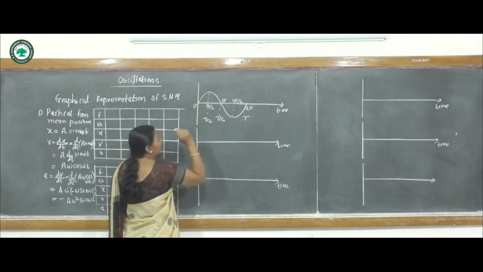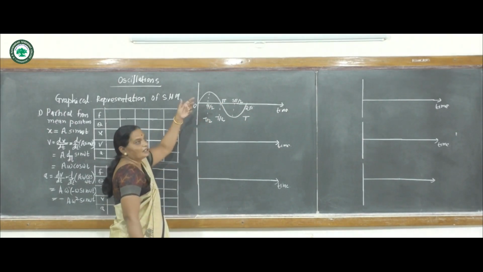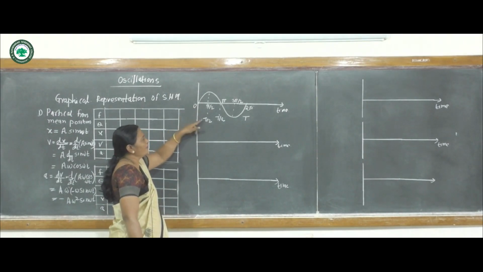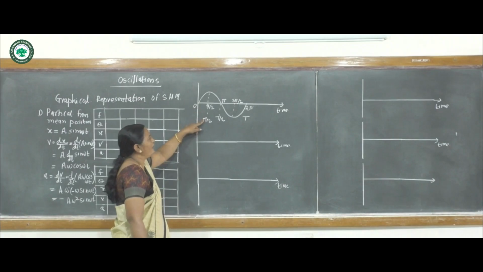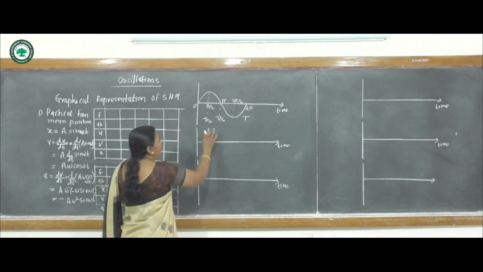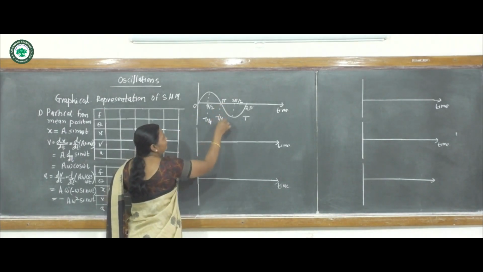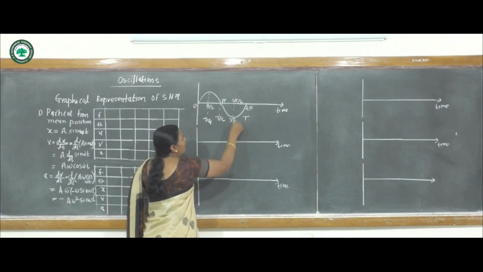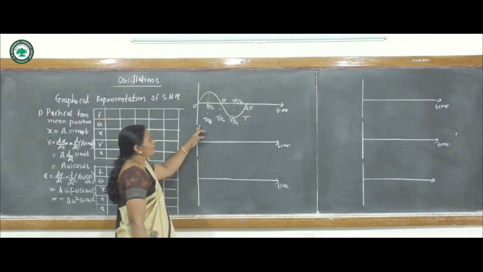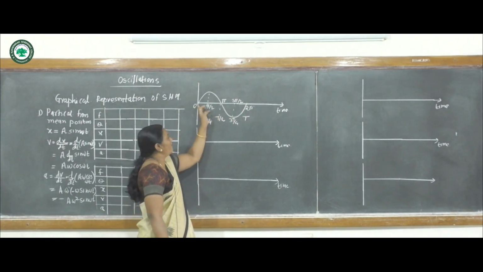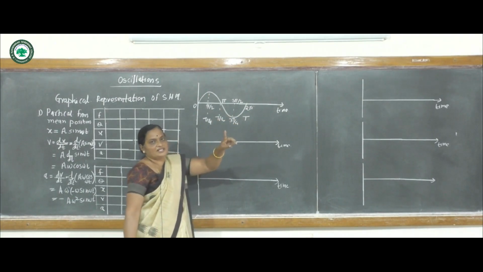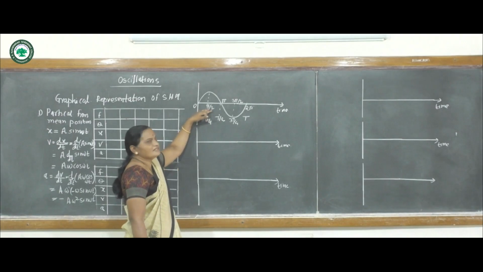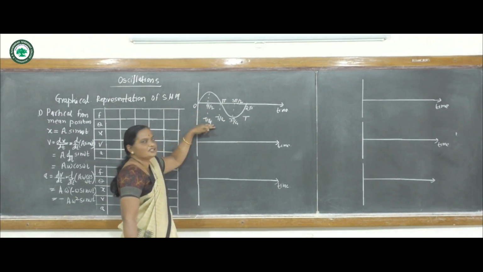Against time, these points have values T by 4, T by 2, 3T by 4, and T. It gives the time taken to complete one oscillation. This is in case of angle, this is in case of time.